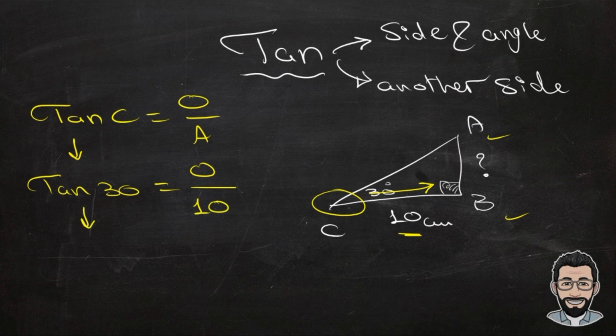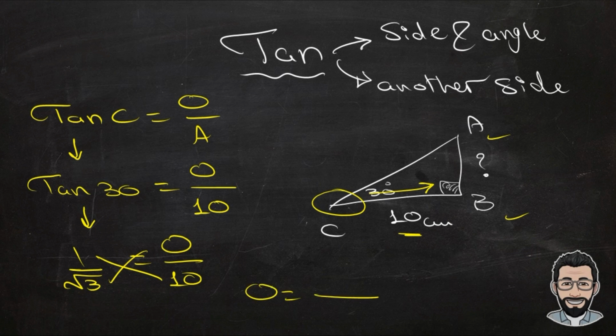Using the calculator, tan 30 is going to be 1 over square root of 3, equals O over 10. Use the cross multiplication to get it. So O equals 1 times 10 over square root of 3, equals 5.77 centimeter.